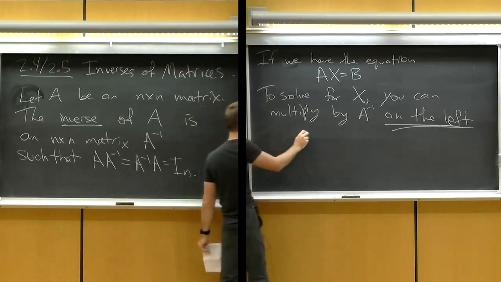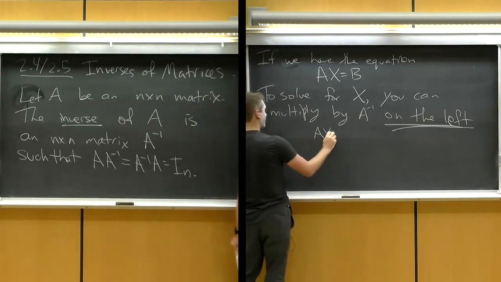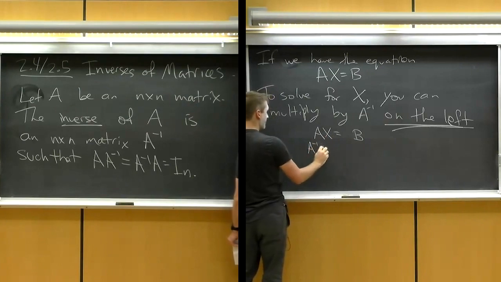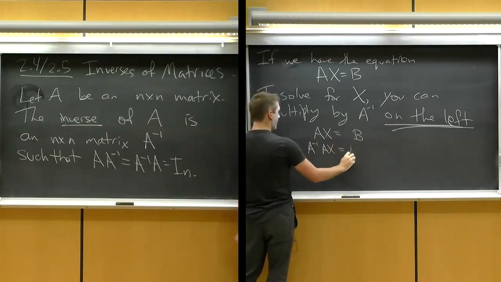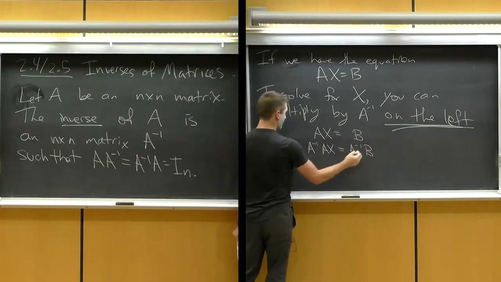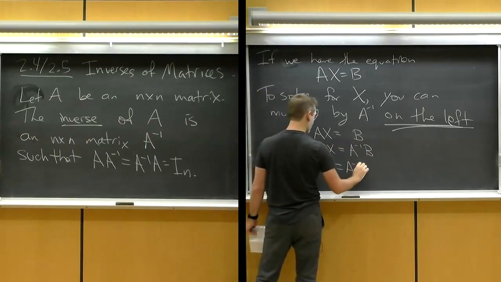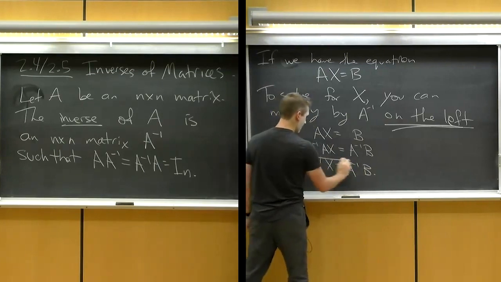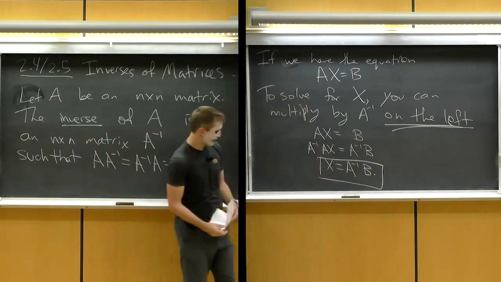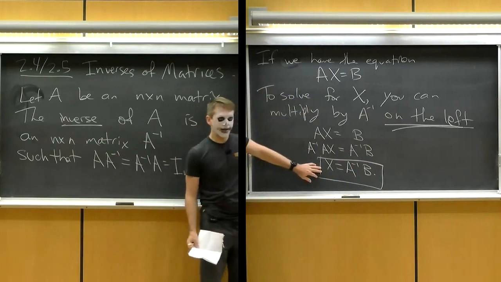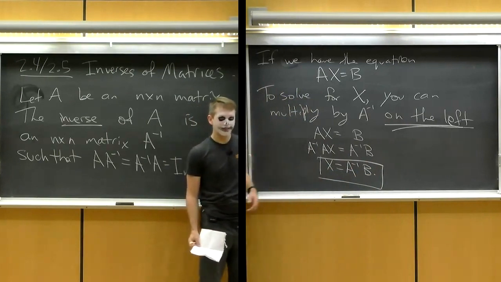So if I take my equation and multiply both sides by A inverse on the left, then it allows me to solve for X in some sense.